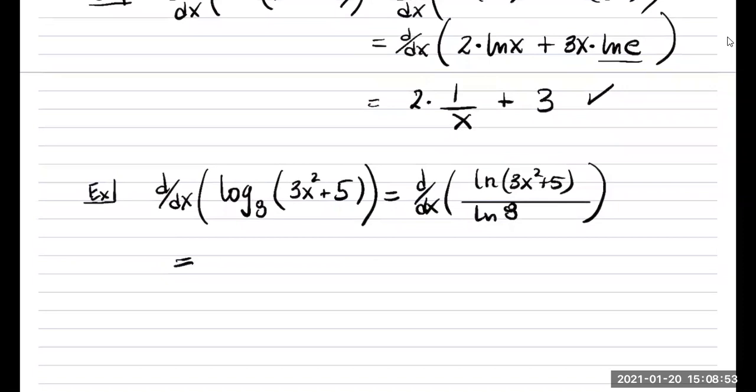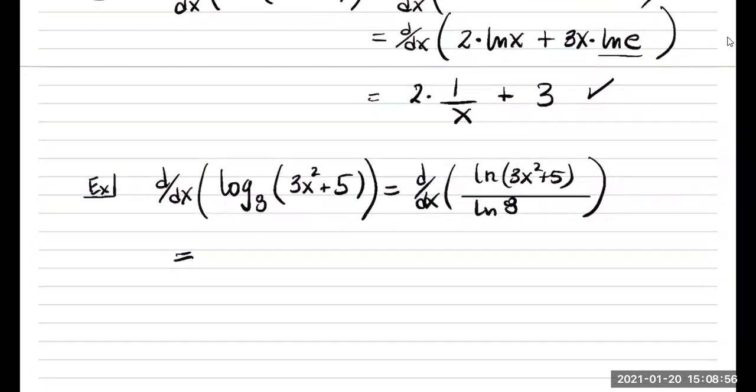I haven't done any calculus yet. Next, I see that the logarithm of 8 in the denominator, that's a constant that I can just set aside. So now I'm going to take the derivative of the logarithm of 3x squared plus 5. Okay, so according to the chain rule, the derivative of that logarithm of 3x squared plus 5 is the reciprocal of 3x squared plus 5 times the derivative of 3x squared plus 5.